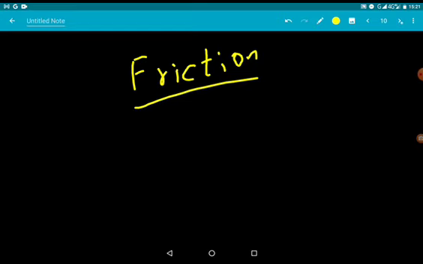It is a force, yeah, which is going to decelerate your motion using another force, not for your considered motion.